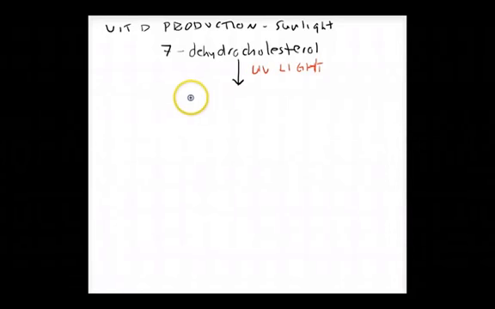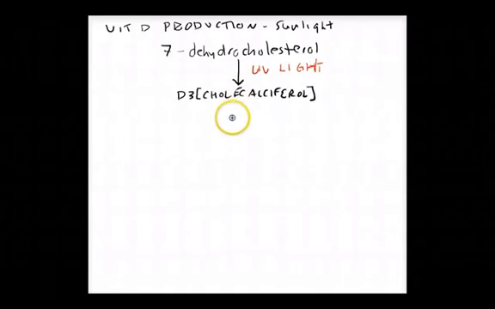When we do that, we get vitamin D3, and we just said that's known as cholecalciferol. Now that D3 can also be taken in orally, but if we want to use the ultraviolet light given by the sun, we can take 7-dehydrocholesterol and create that directly.